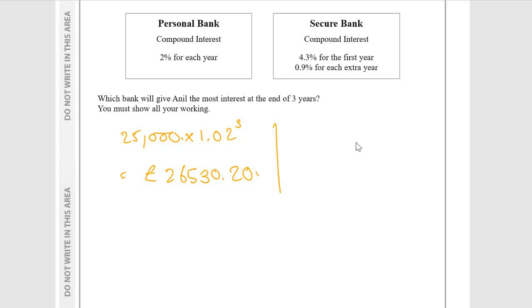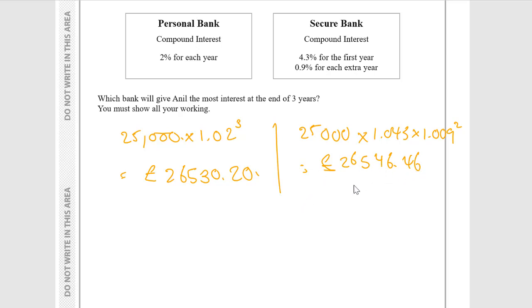And if we use secure bank, so 25,000, and now we multiply by 1.043 because we get 4.3% for the first year, and then we multiply by 1.009 because you have 0.9% for the extra years, but it's 2 years, so we square it, which using our calculator gives us 26,546.46.